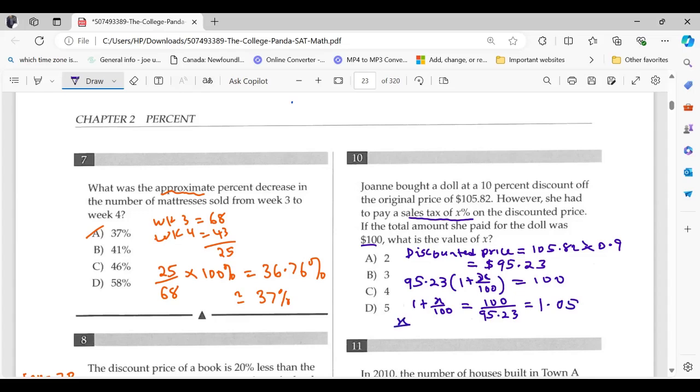Now X over 100 is equal to 1.05 minus 1, that's 0.05. So X multiplied by 100 will be 100 times 0.05. So X becomes 5%, which is option D.